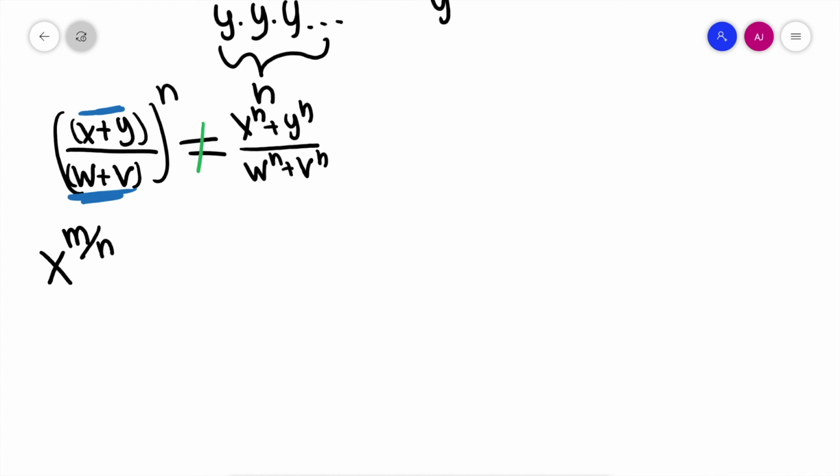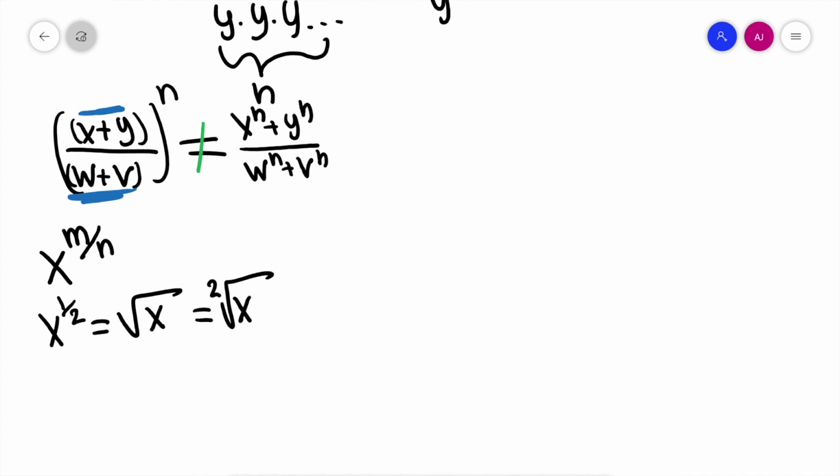And one way to think of this is, let's say you have x to the 1/2, right? We know that x to the 1/2 is actually just the square root of x, right? And what that means is that you have x on the inside, square rooted, and you got this little 2 out here, right?